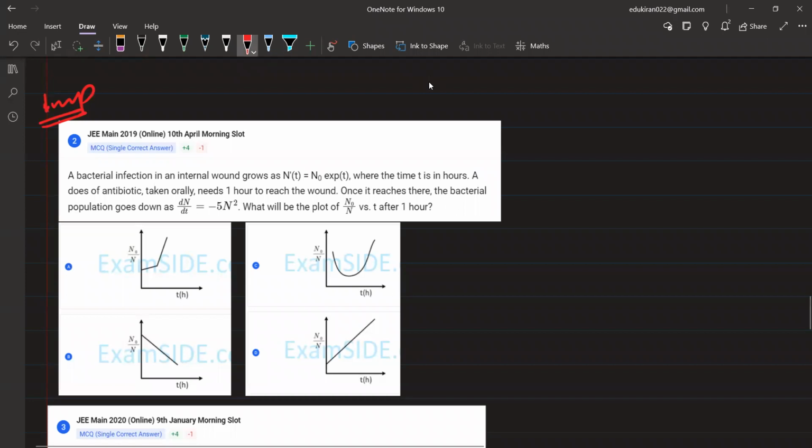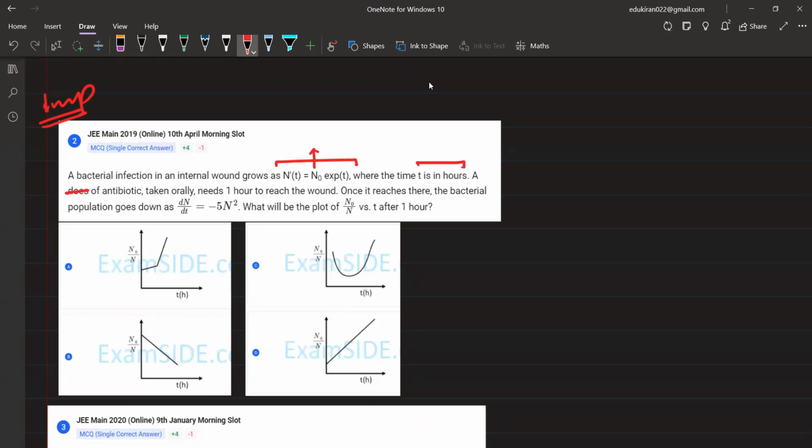See what is happening. A bacterial infection in an internal wound grows with this particular expression. That means what is happening? इसको ध्यान से देखिएगा. N-T, that means the number of bacteria present at time t is equal to N naught. This is the initial concentration of the bacteria. Exponential time, that means it is increasing exponentially with time, where time is in hours.